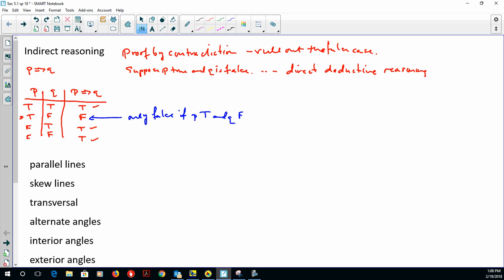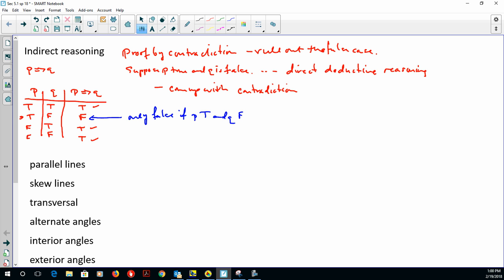Somewhere along the line, we're going to come up with some sort of contradiction. We get a statement that contradicts something that we already know is true.